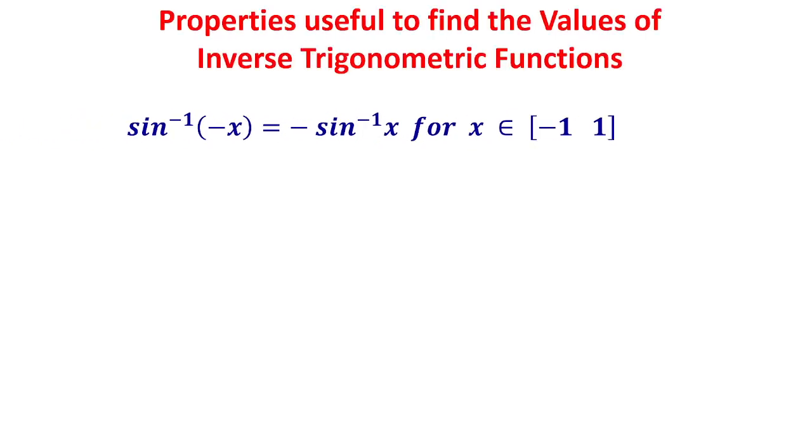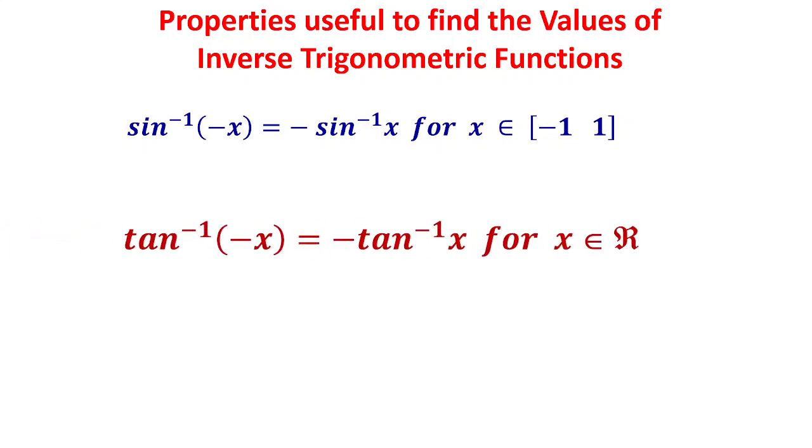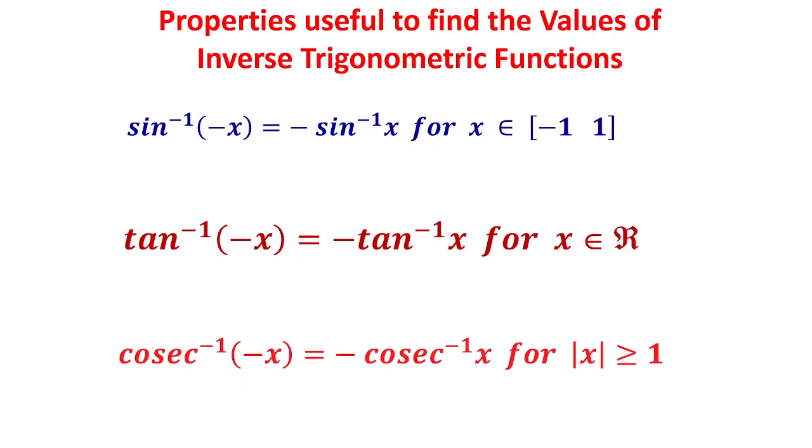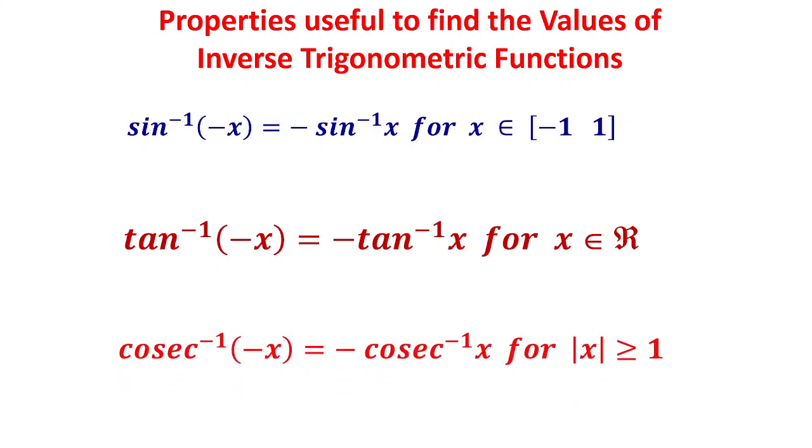Suppose you have negative values, then sin inverse of minus x is minus sin inverse x, tan inverse of minus x is minus tan inverse x, cosecant inverse of minus x is minus cosecant inverse x. You have to remember only these three inverse trigonometric functions will give you the final answer as minus of the inverse trigonometric function. Now you have to be very careful.